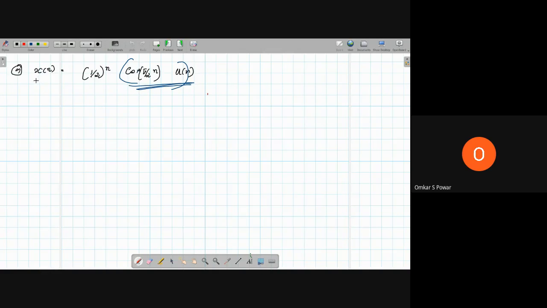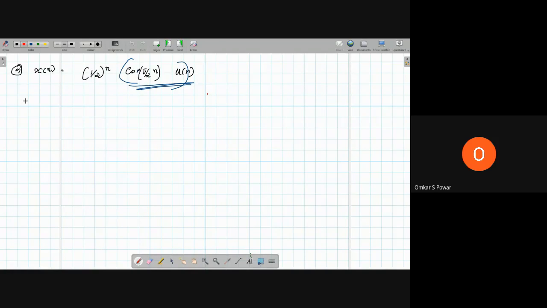x of n is equal to half power of n cos pi by 2 into n u of n. By the look of it, which property can you use? You have to think. In yesterday's class, I did the multiplication by an exponential in the time domain property.